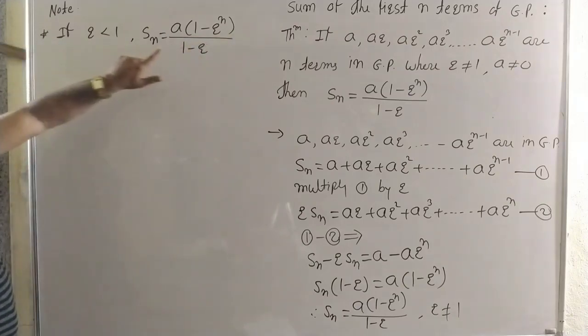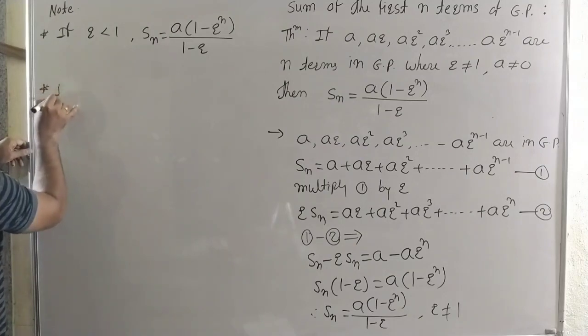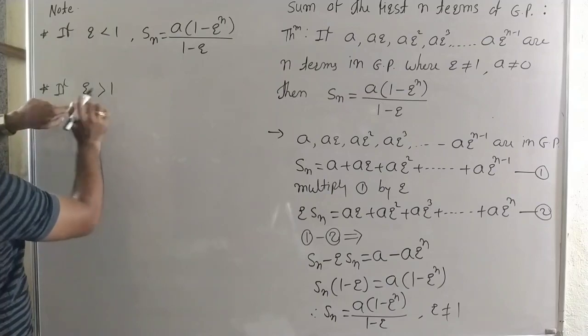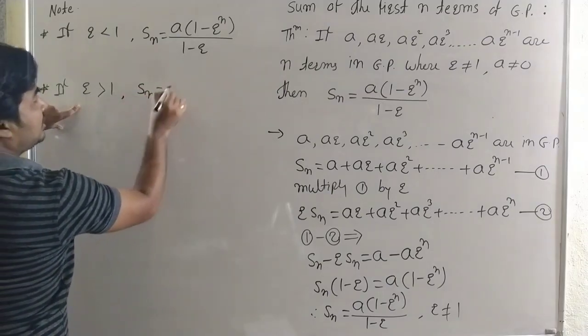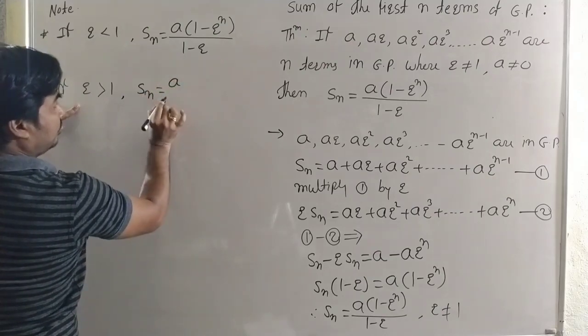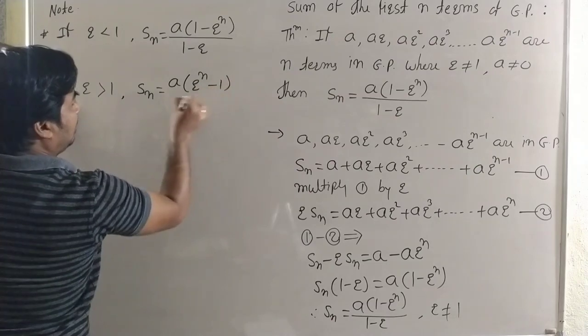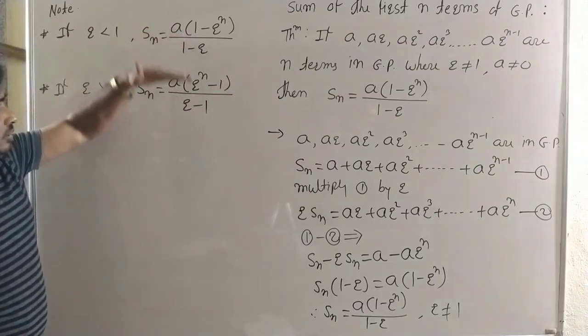When r is less than 1, we use this formula. And if r is greater than 1, that is the common ratio, then Sn, the sum of the first n terms, we use the formula, see carefully, a into r to the power n minus 1 upon r minus 1. See carefully both the formulas.